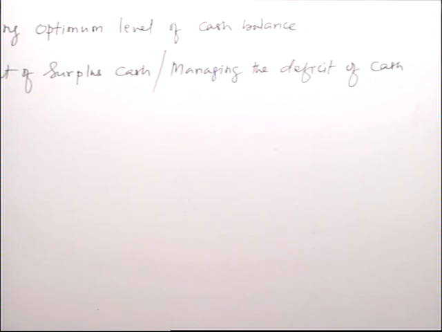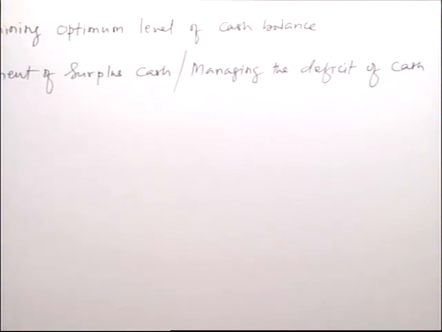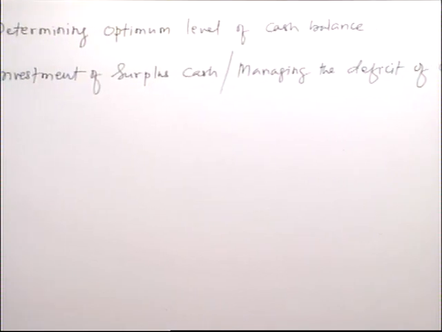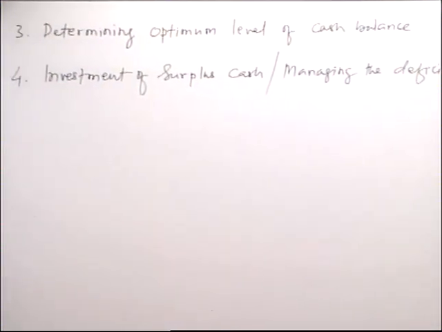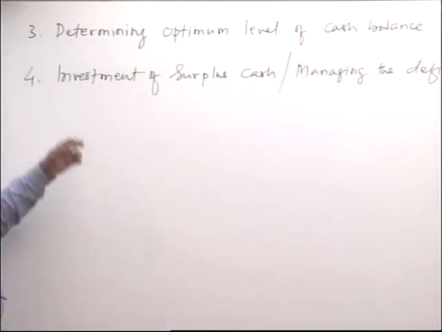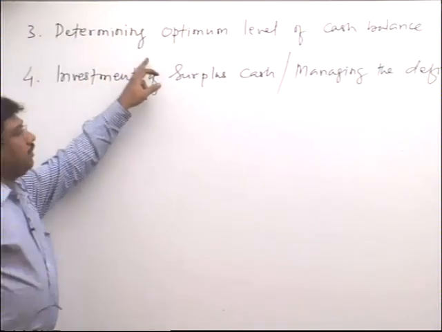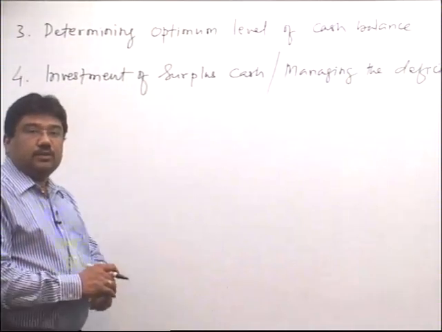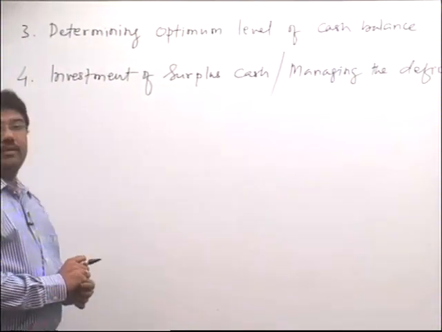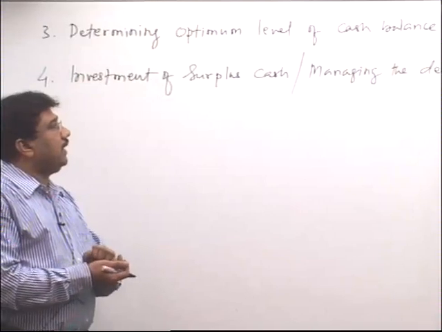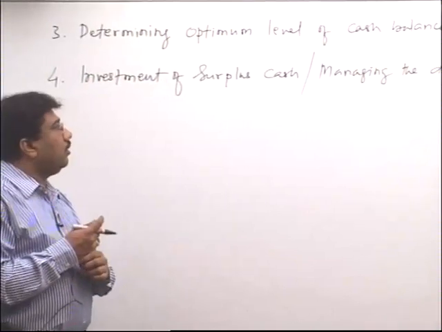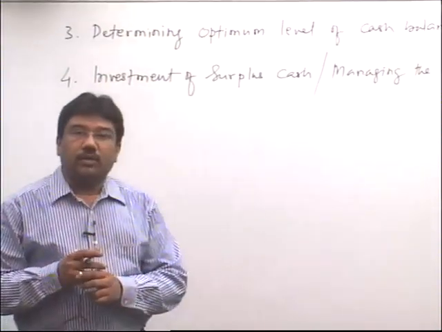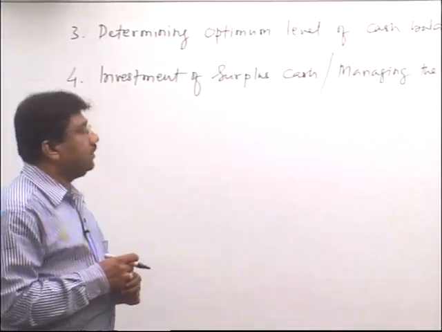I repeat, the first strategy was cash planning, and it can be done by preparing cash budget. The second strategy was controlling the cash flows. Now the third strategy is determining optimum level of cash balance. It means the cash balance on hand kept should be optimum, because if the actual cash balance is more than optimum or if it is less than optimum, then both the situations will create certain problems.